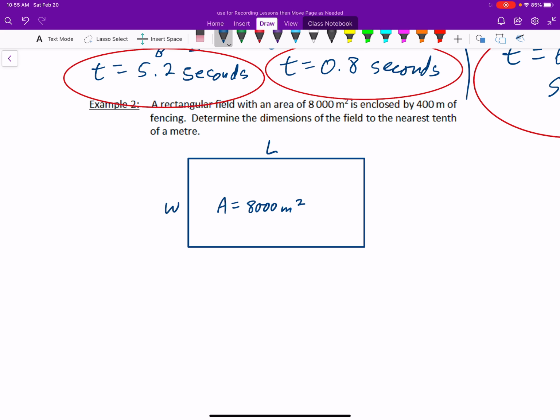So the perimeter, of course, is 2 times the width plus 2 times the length. And if I were to substitute, we also know the perimeter is 400 meters.